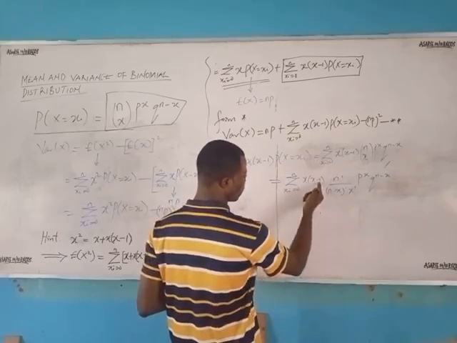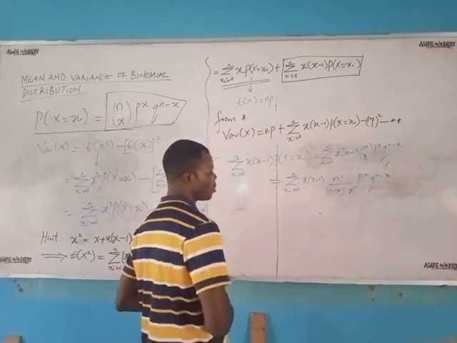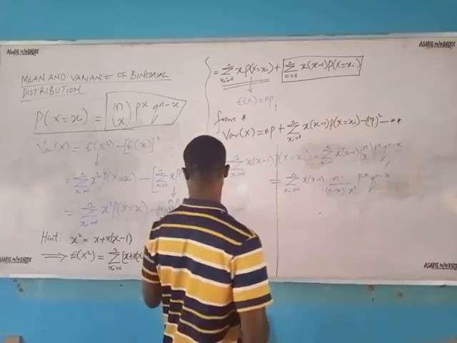So we want to cancel this, just like the way we did in the first one when we calculated the mean.